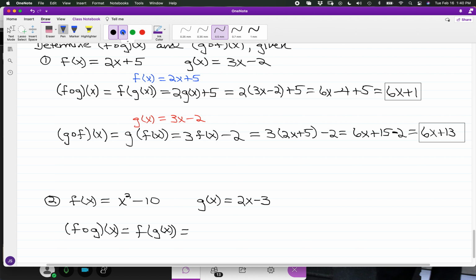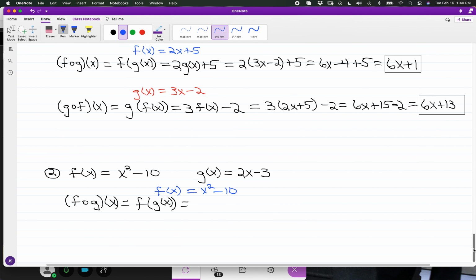Again, it's just for what we have in the outline, so your output function is f, and by definition, f of the input is equal to the square of the input minus 10. Okay, now we have the input at g of x, so symbolically, we have the square of g of x minus 10.